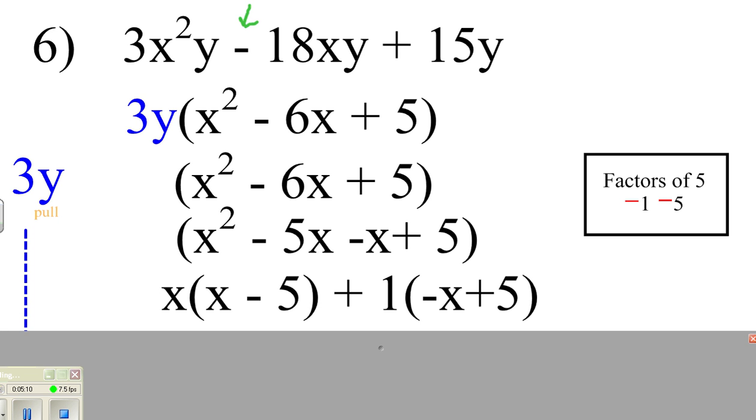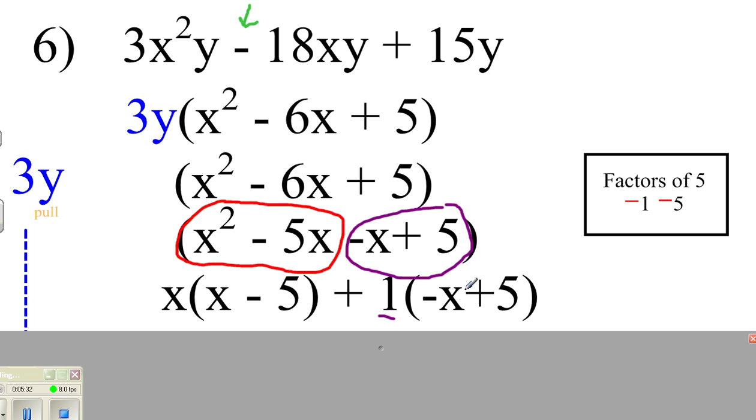Pulling out the common factor from the first two terms, that's an x, and then the next two terms, well, there is no common factor for these, so we just pull out a 1. The problem with that, though, is look, here we have an x minus 5, and here we have a minus x and a plus 5.